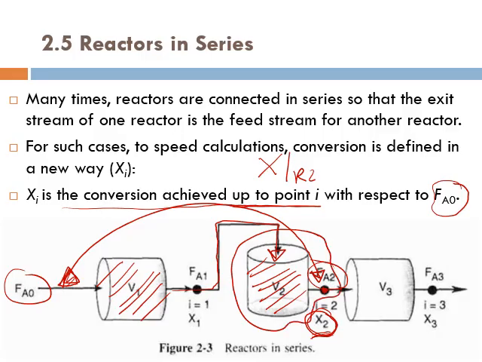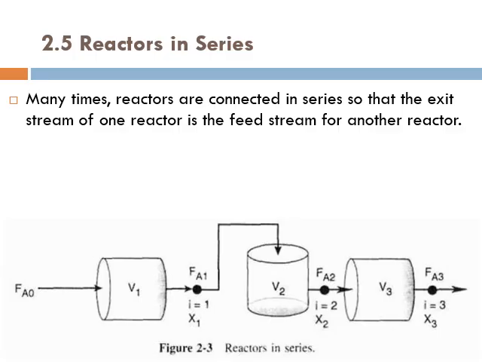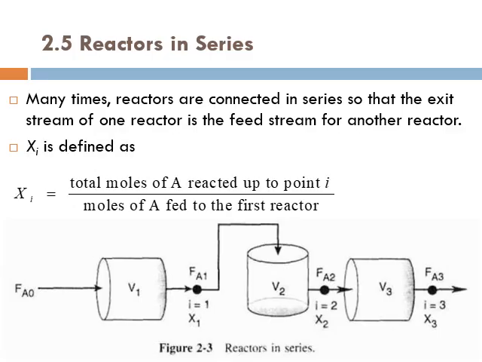That's different. Therefore Xi is defined as the total moles of A reacted up to point i divided by moles of A fed to the first reactor, or we can write it as FA0 minus FAi, divided by FA0.